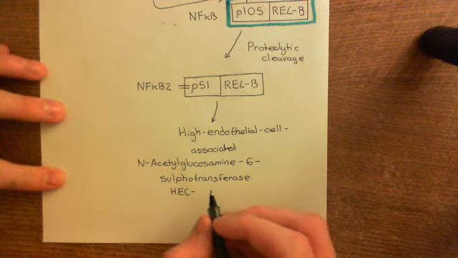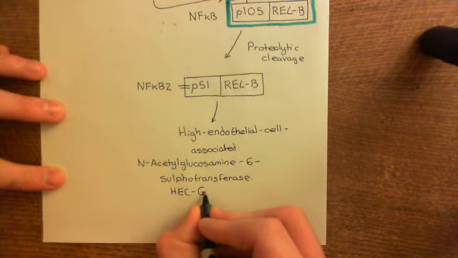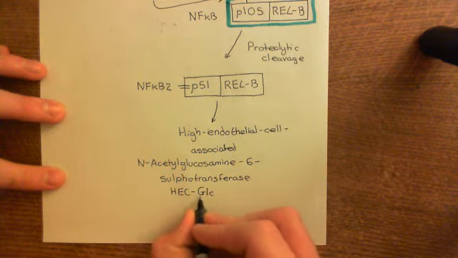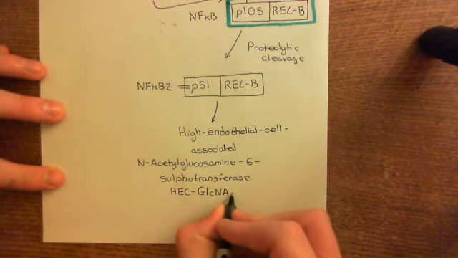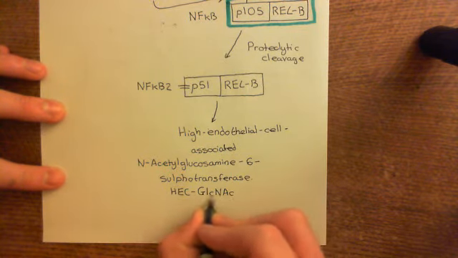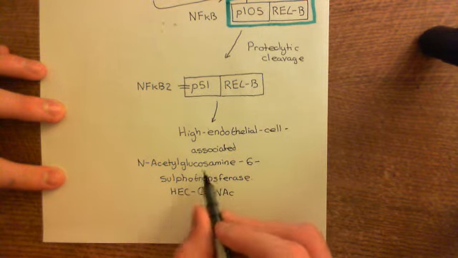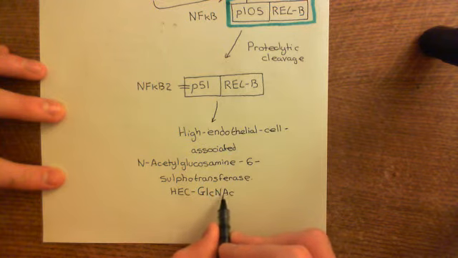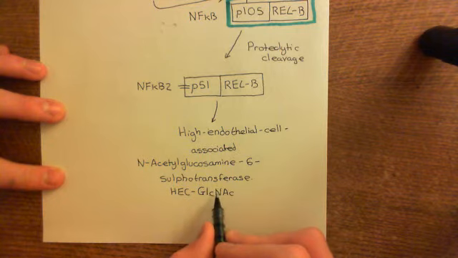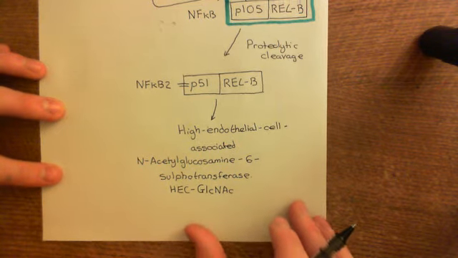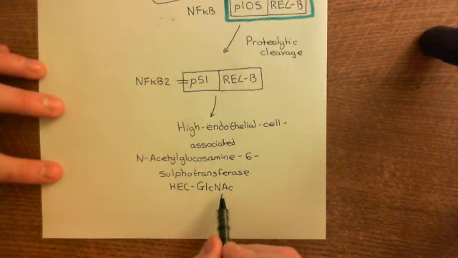Then you miss the associated. Then you put N-acetylglucosamine, and the abbreviation for N-acetylglucosamine is to put GLC, which means glucose, and then N-acetyl. Okay, so even though GLC means glucose, the fact that it's N-acetyl, well, glucose doesn't have an amino group, so the only way that it could have had this N here is if it was glucosamine, so you instantly know it's glucosamine, basically.